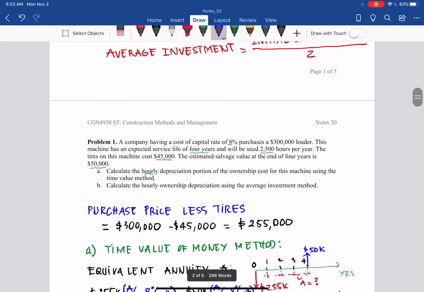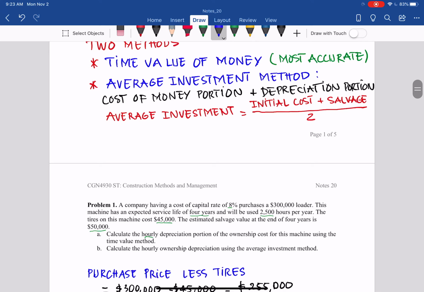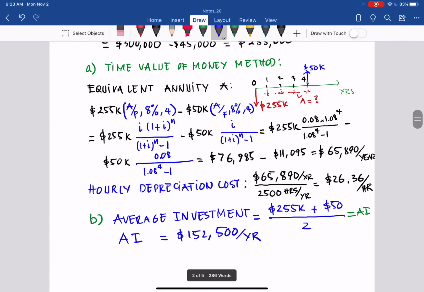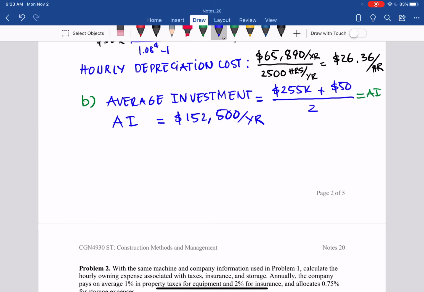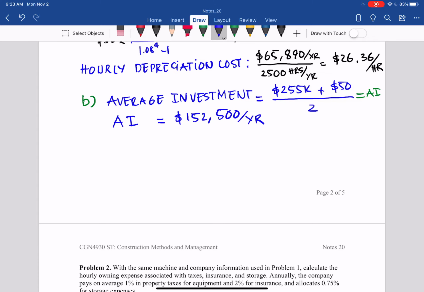And then for that method, we need to find the cost of money portion and the depreciation portion and add them up. So here we have the cost of money per year, with interest at 8%. So you have 152,500 per year.